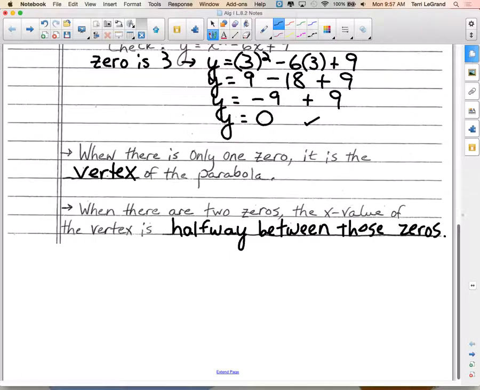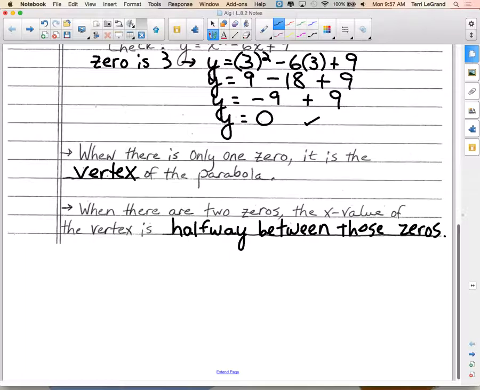I want you to start observing something because we're going to graph tomorrow again, and we're not going to graph using a table, but I want us to be able to see what's happening here. When y is equal to -4, x is equal to -2. Tell me something about the y values on either side of -4. What's true? They're the same. Then you go 2 away and they are the same. And then you go 2 away again and they are the same.